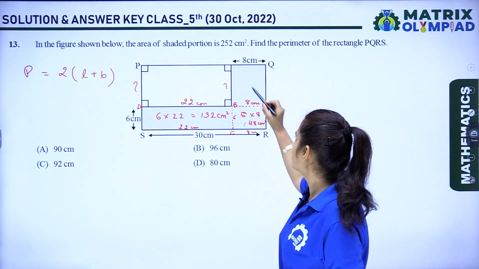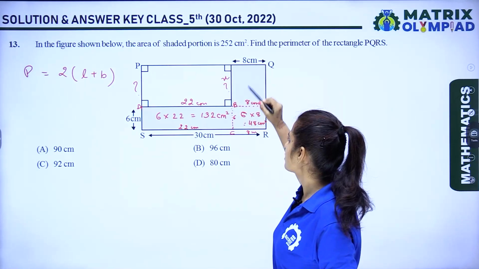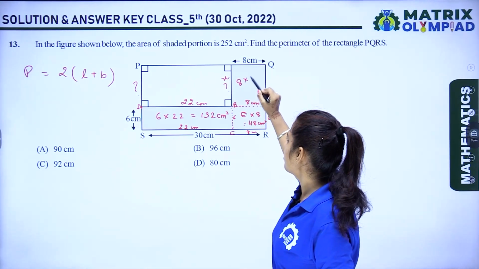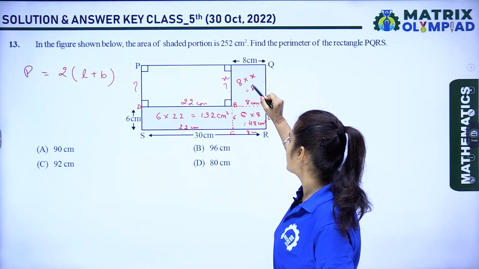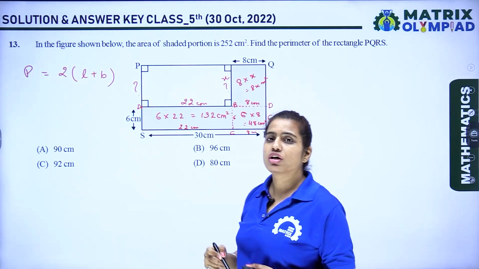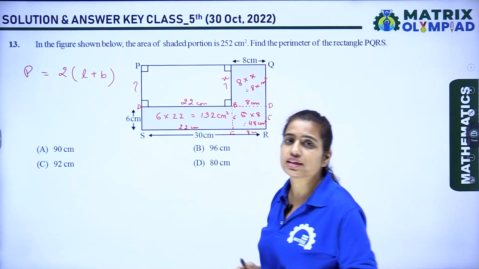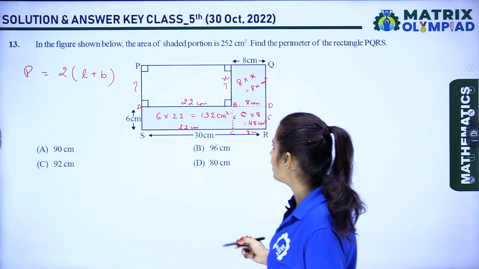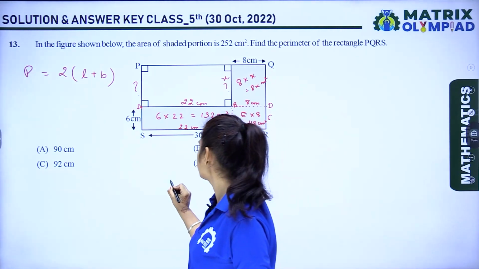So here let it be X. Now 8 multiplied by X will give us 8x centimeter square. Now we got 3 rectangles in the shaded portion. So let's find out the value of X from this.